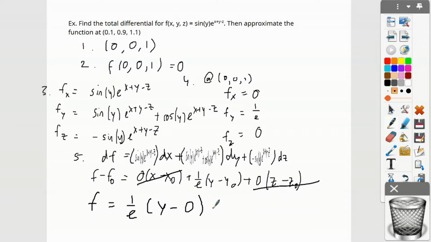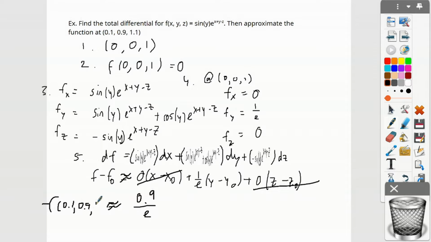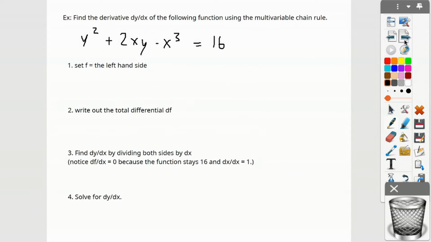So f is not equal, it's approximately 0.9 over e. f at (0.1, 0.9, 1.1) is approximately 0.9 over e. Okay, next slide.